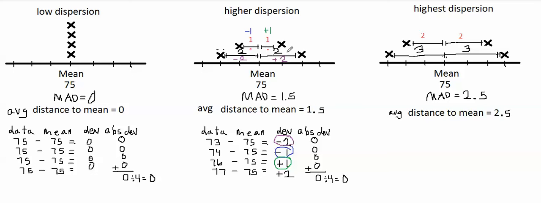So every person has a deviation and an absolute deviation. These four numbers that I'm circling are the regular deviations.